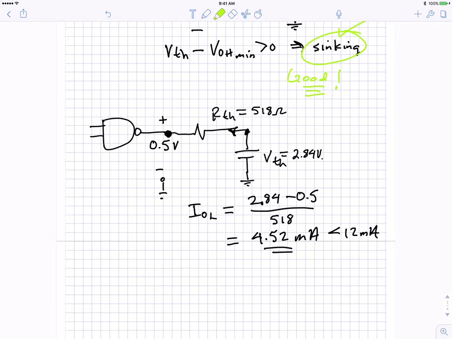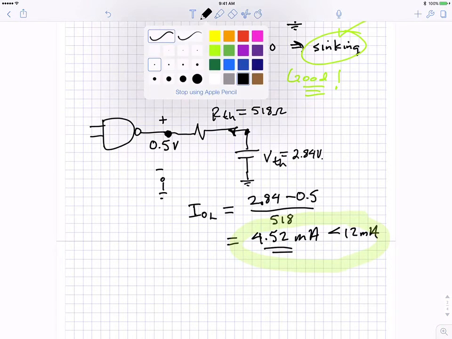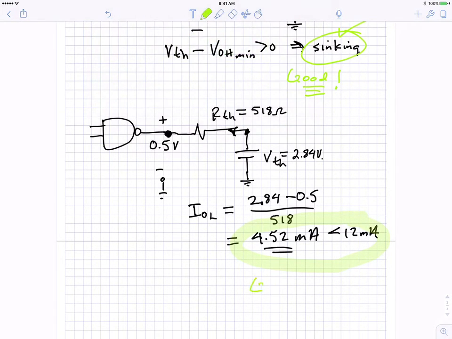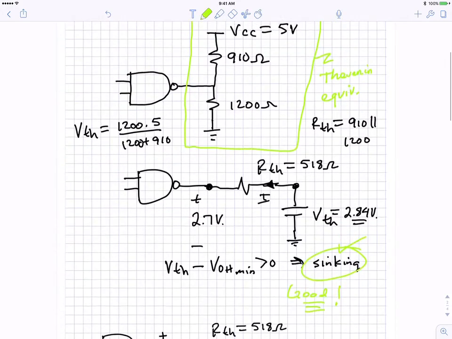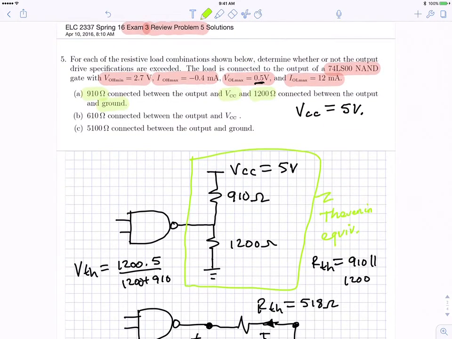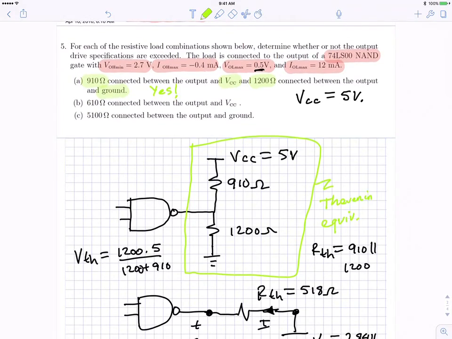So again, I'm good. All right, so I check the output and I check the input. So for part A, this load will work. Okay, so now we're finished with part A.